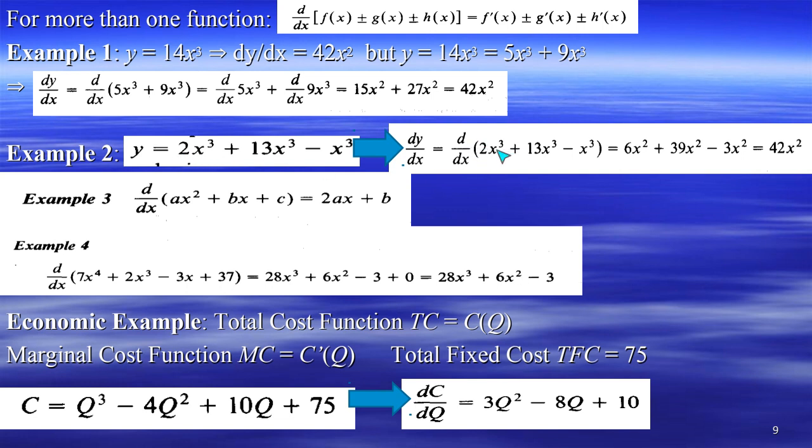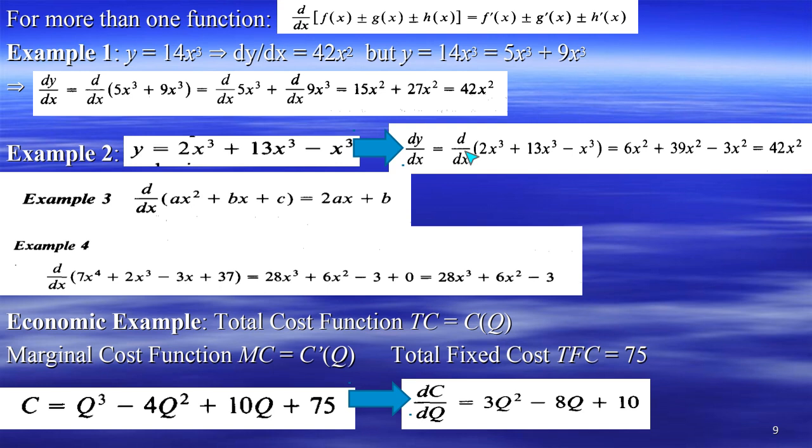So if we want to take the derivative of 2 times x to the power 3 plus 13 times x to the power 3 minus x to the power 3, you can either make the sum and make 14x to the power 3 and take the derivatives as we have done here, or you can take the derivative of each one and then sum up.